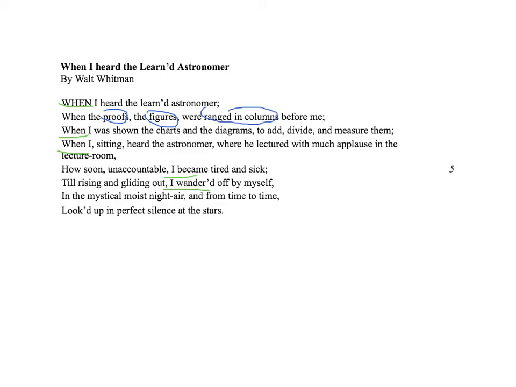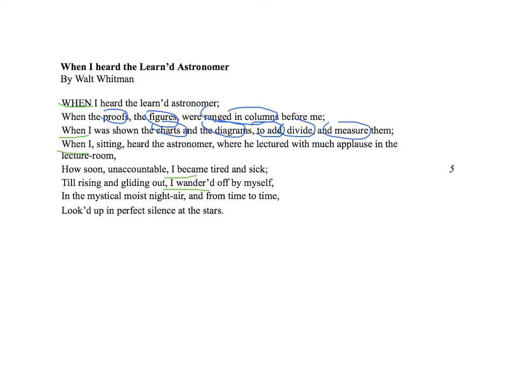The speaker was shown charts and diagrams, which were used to add and divide and measure. All these words refer to science and math, tangible data, facts. Apparently everybody in the room was impressed by it except for the speaker. The speaker prefers to go outside and enjoy the inherent beauty of a starry night.